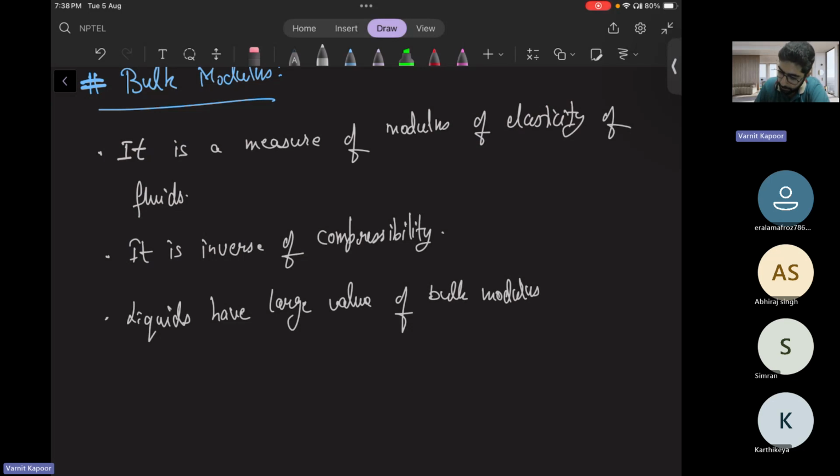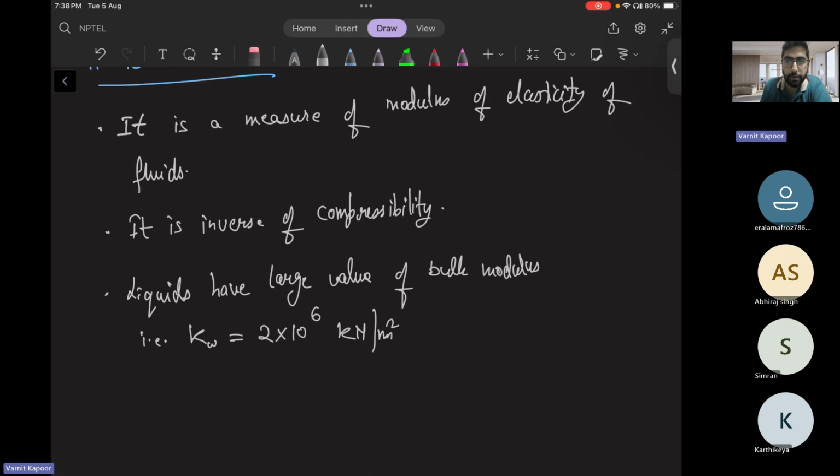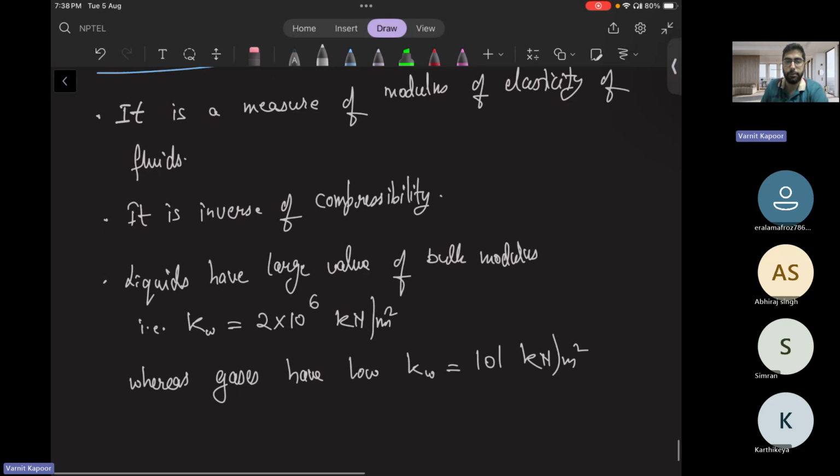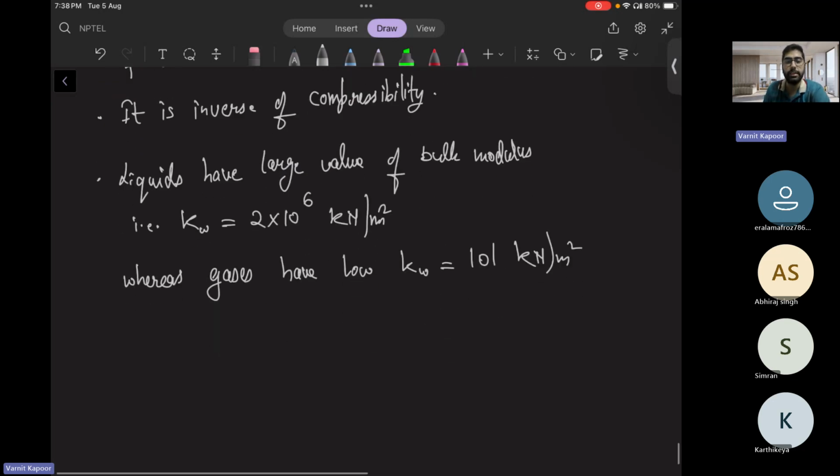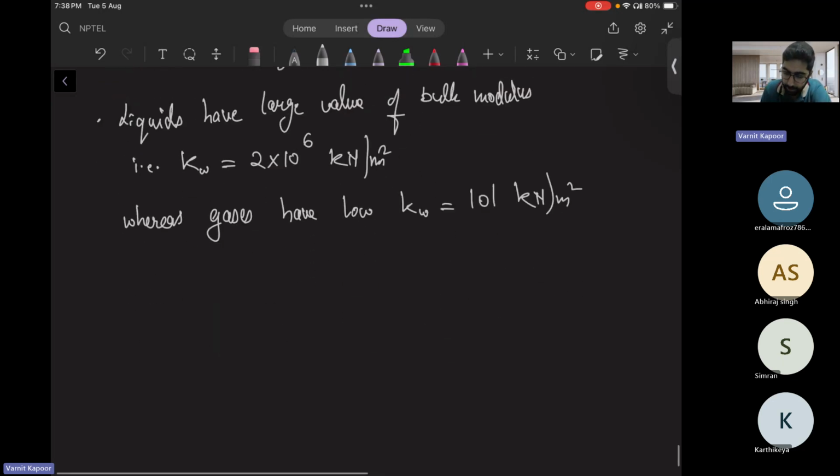That is, K of water is 2 into 10 to the power of 6 kilonewton per meter square, whereas gases have low K, that is 101 kilonewton per meter square.